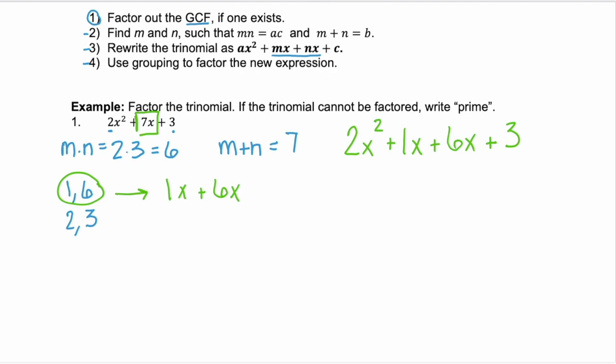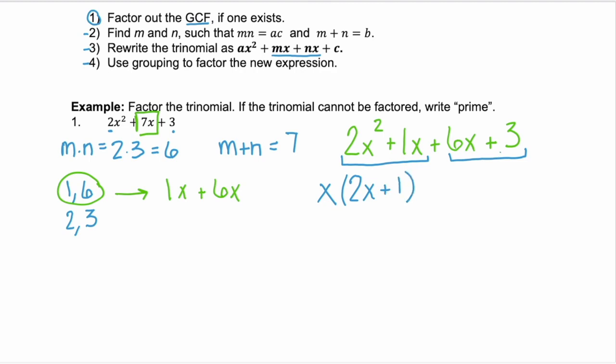Now, because we have 4 terms, we can use the associative property to group the first 2 terms and then group the last 2 terms and then factor. If we look at those first 2 terms, they have a GCF of x. We factor out that GCF and we're left with the binomial 2x plus 1.